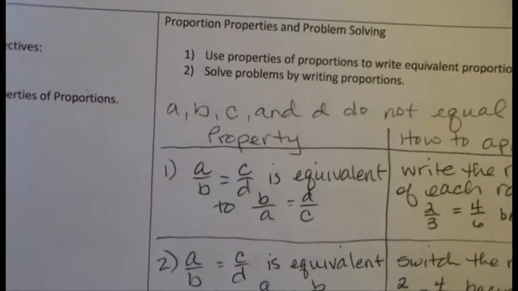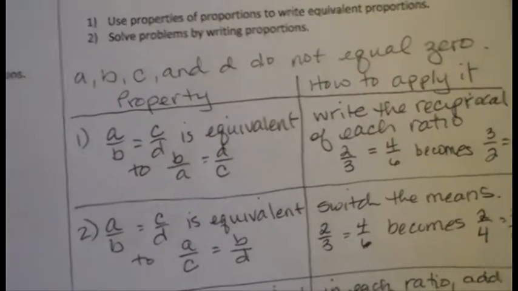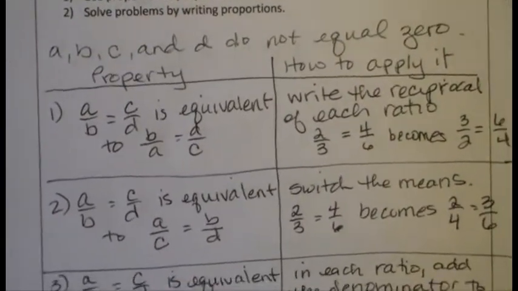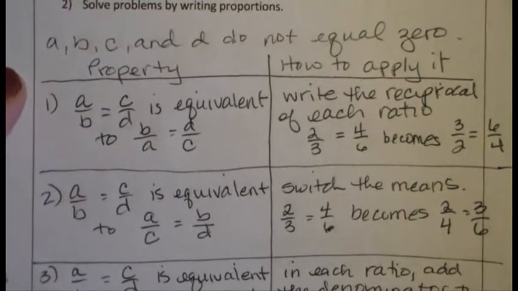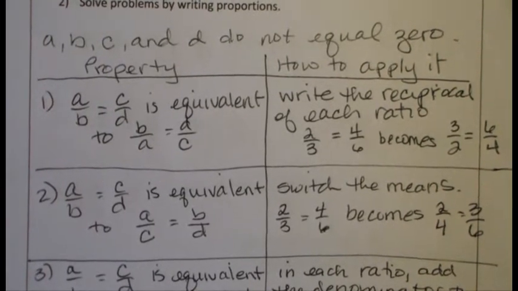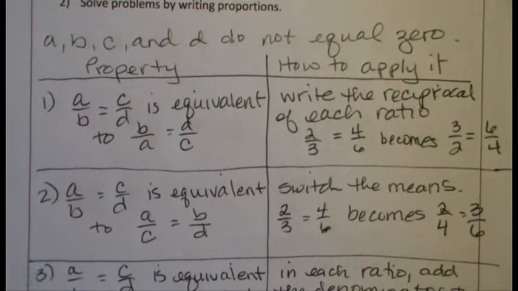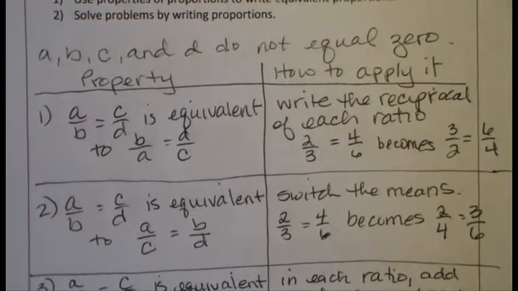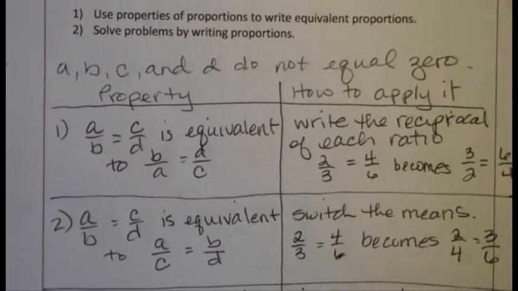All right, so our properties of proportions is very, very easy, actually. First we have to assume that A, B, C, and D do not equal 0, because again, we can't do any dividing by 0.